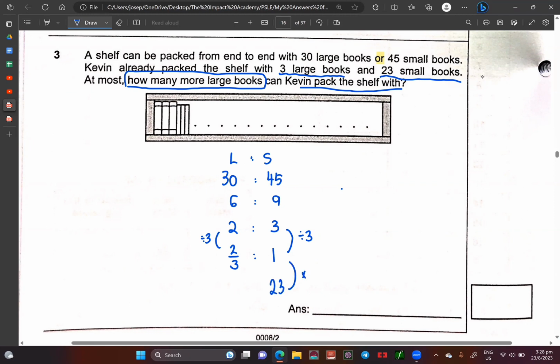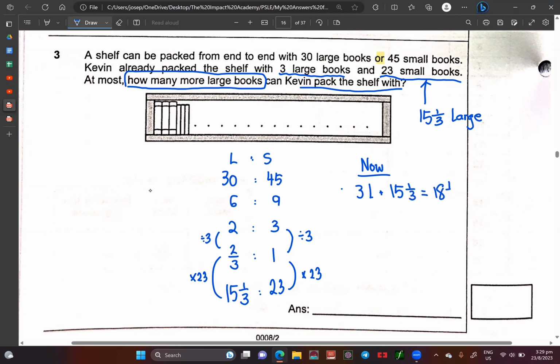When you do this, you times 23 over here, and then you also times 23 over here, and you'll get 15 1/3 large. So now I already have 3 large plus 15 1/3 large. That gives me 18 1/3 large books.